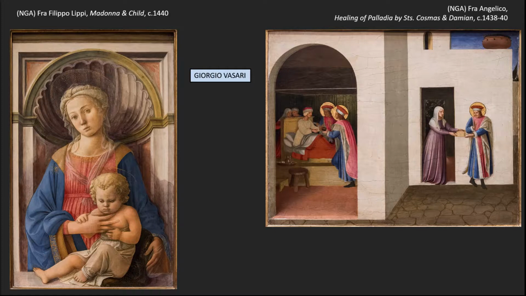And he is the source of all sorts of information that you've heard already in this class, going all the way back to Giotto, who he says is the beginning of it all, right? He writes this, how did we get here, right? That's the whole point of his book. The Lives of the Artists is going to lead us from the beginnings of the Renaissance to Michelangelo. And he treats it as this linear ascent to greatness, right?